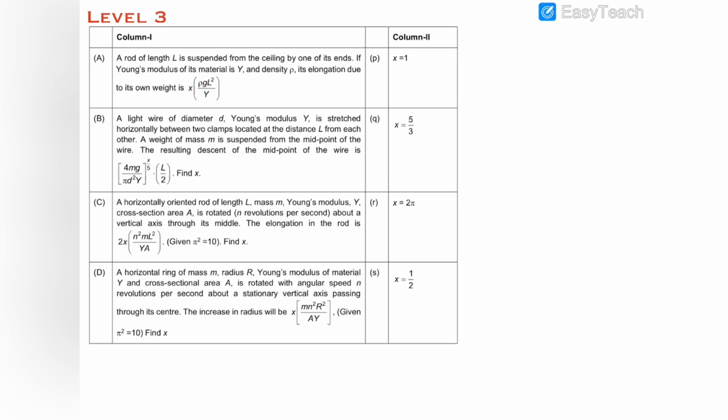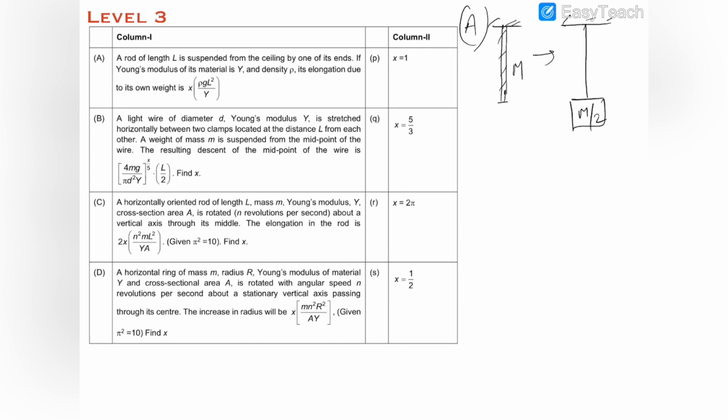We have already discussed this question in the previous videos: when a rod is suspended from the ceiling, it gets elongated due to its own weight. Let's suppose this is the rod and its mass is m. This is equivalent to the elongation produced by a mass of m by 2 in a massless wire of the same length.